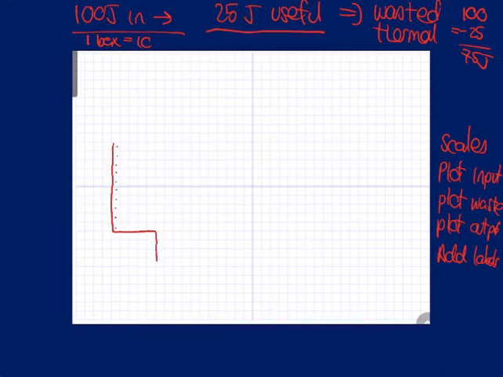So I just draw here and I count 1, 2, 3, 4, 5, 6, 7.5 boxes. So I draw this down, and obviously you have rulers and you're amazing. So that's my output wasted. I then bring my arrow up here, and my useful energy is going to be worth 25. So I'm going to go 1, 2.5 here. I am going to draw my little arrow here, and I'm going to bring it back.